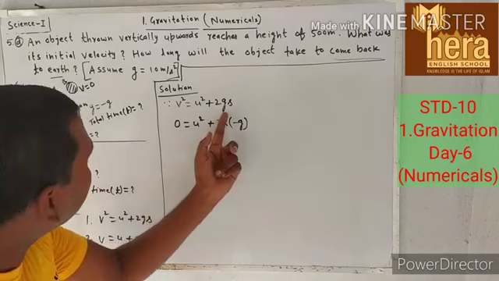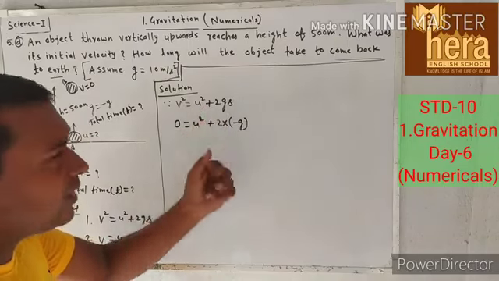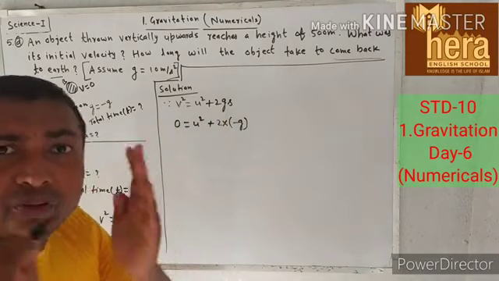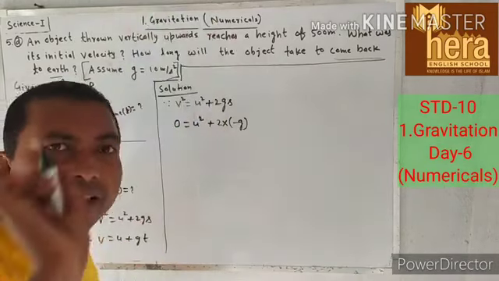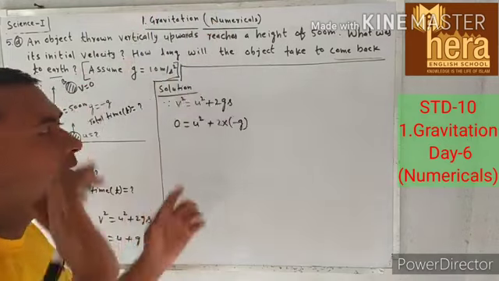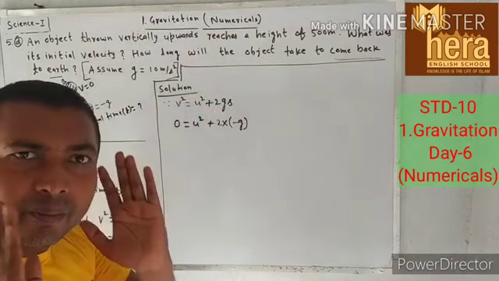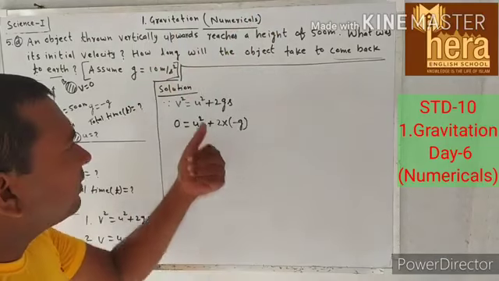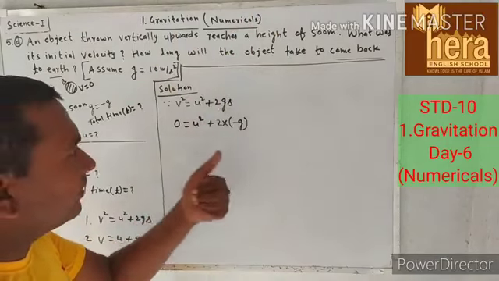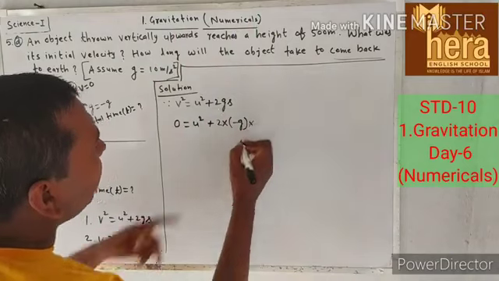The main formula will remain the same, but when you put the value you have to check whether the object is moving in upward direction. If it is moving upward, at the place of g you have to put minus g, and if an object is coming down, then plus g, into s.